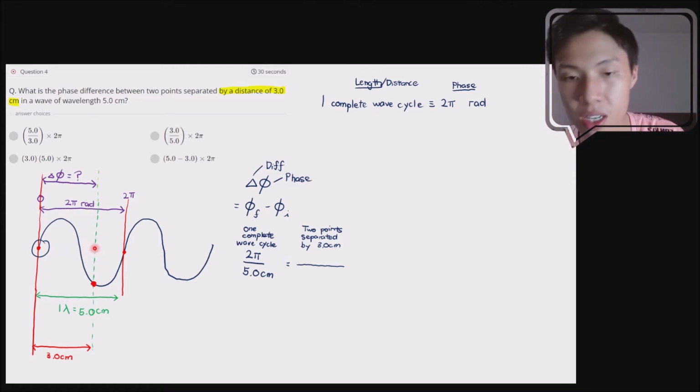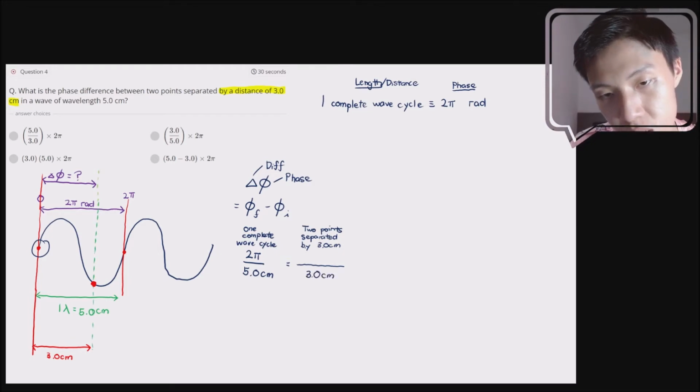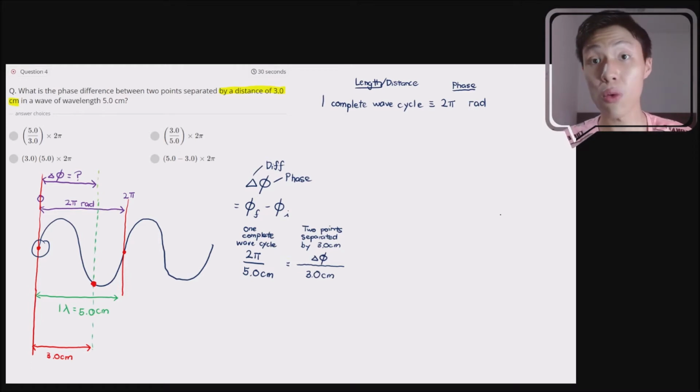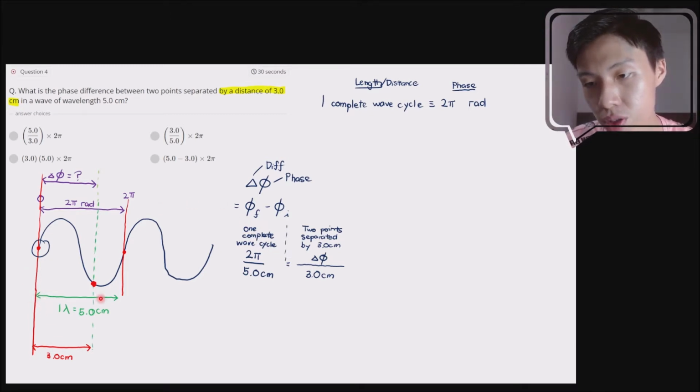The distance from here to here will be 3 cm. And now the question is, what is the phase difference? So this is how we build the ratio. We know that for one complete cycle, in terms of distance, we have traveled 5 cm. In terms of phase, we complete one complete wave cycle, that's why it's 2 pi.